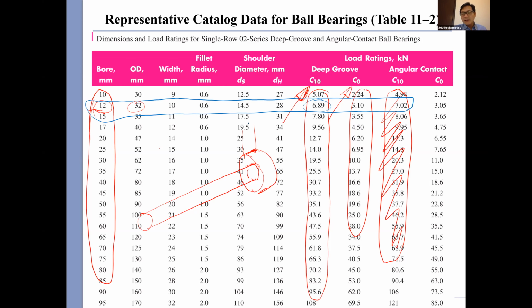We already talked about what that means. That's the dynamic load rating, meaning if I load it up to 6.89 kilonewtons, it's going to survive 1 million cycles with 90% probability.